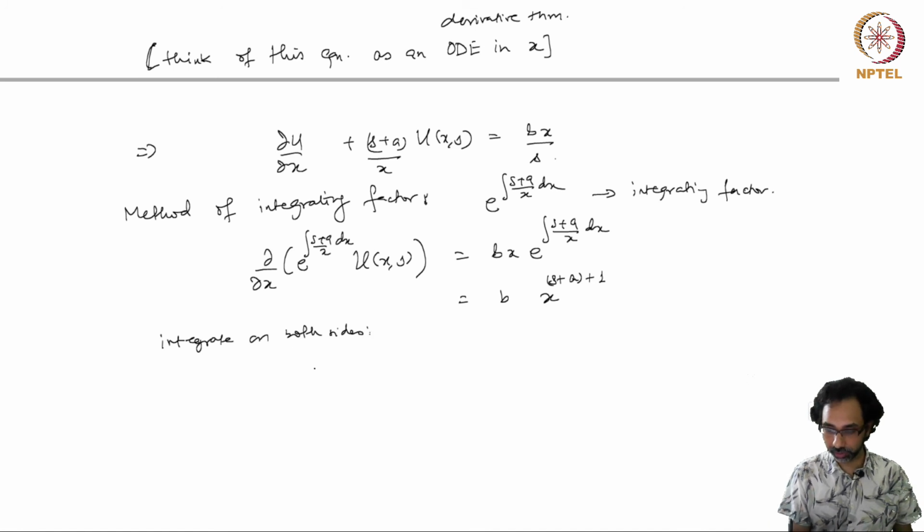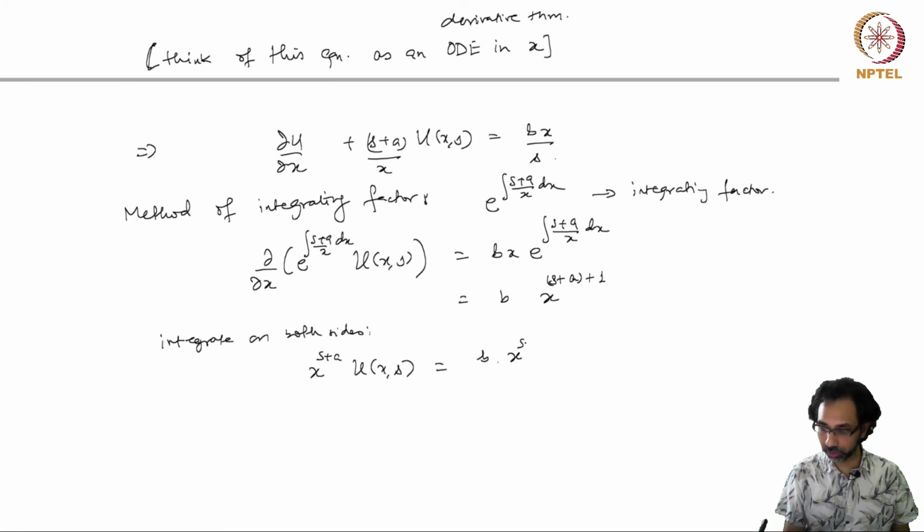to get x to the power s+a times U(x,s) equals b times x to the power s+a+2 over s+a+2.